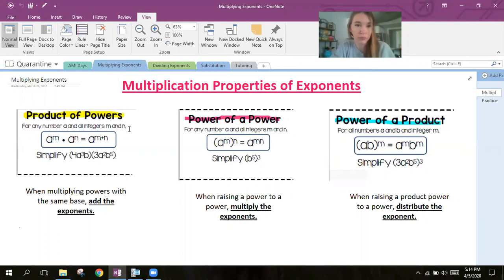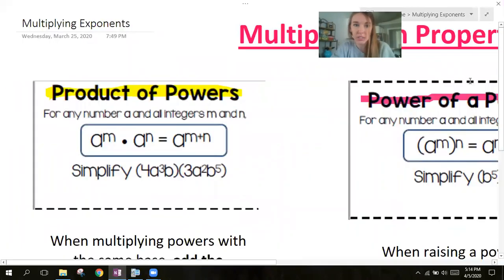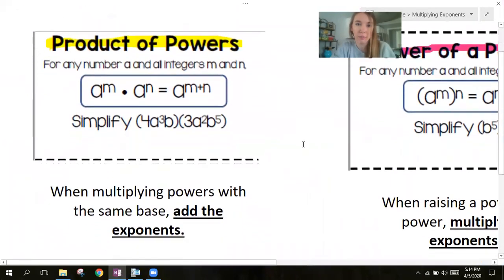Whatever works best for you. I've highlighted the first one yellow, the product of powers rule. The other is the power of a power rule, and the last is the power of a product rule. Let's focus on the first one, the product of powers rule.